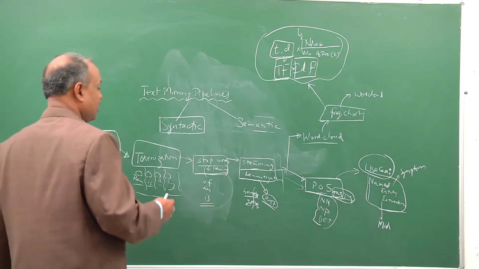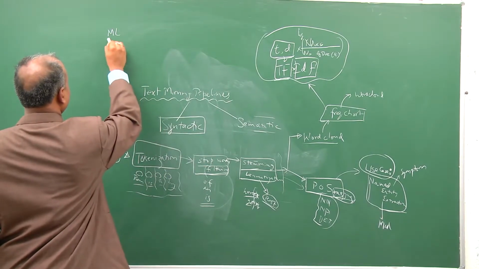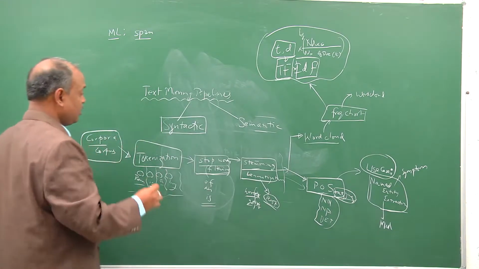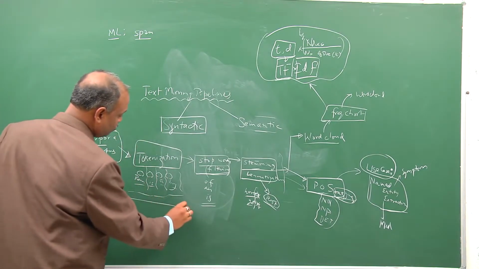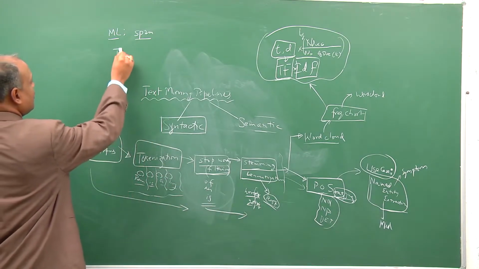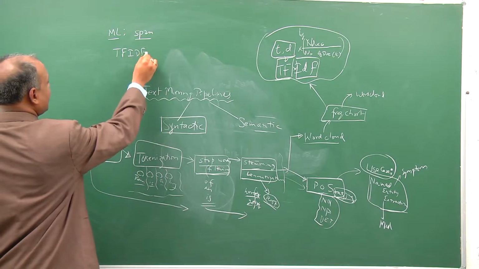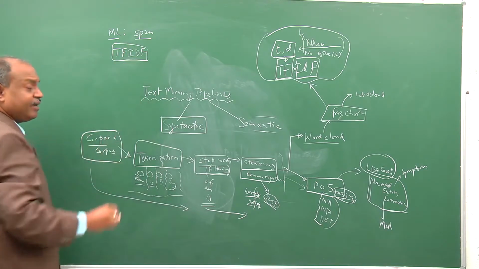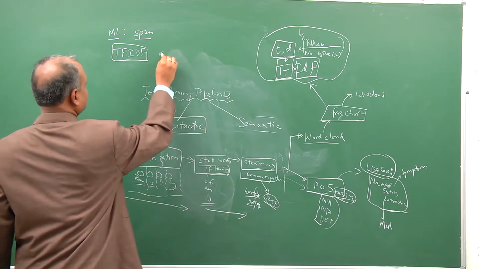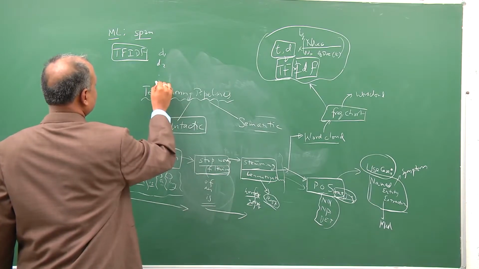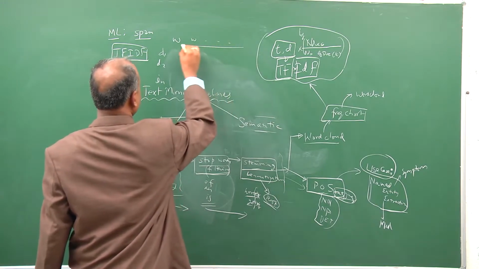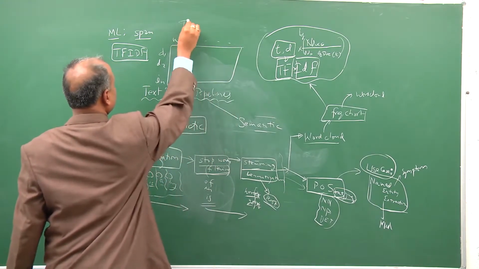For example, if you were to look at say spam classification. In spam classification, you will first pass your email text through some of these pre-processing stages. Then it is possible that you will come up with tfidf values for each of the words, and you will create a structure where you have several documents and several words, and you create something known as a term document matrix.